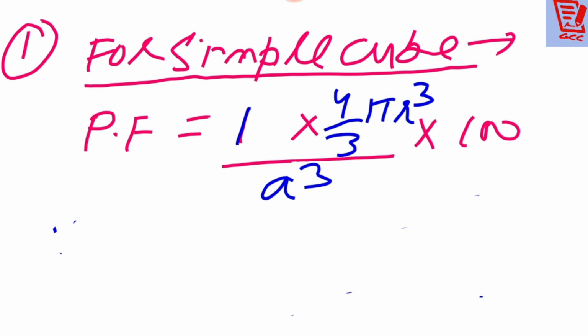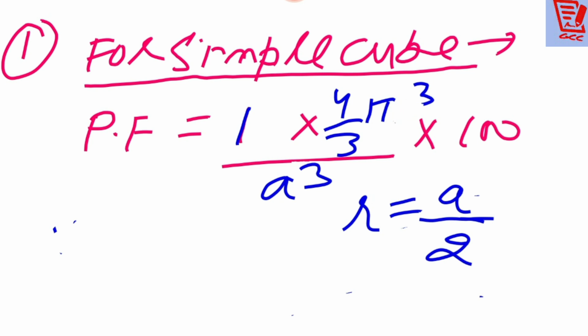I hope you all know very well, beta, that the r value was a by 2. Am I right? So in place of r, we can fill in a by 2, the whole cubed. Is that clear?